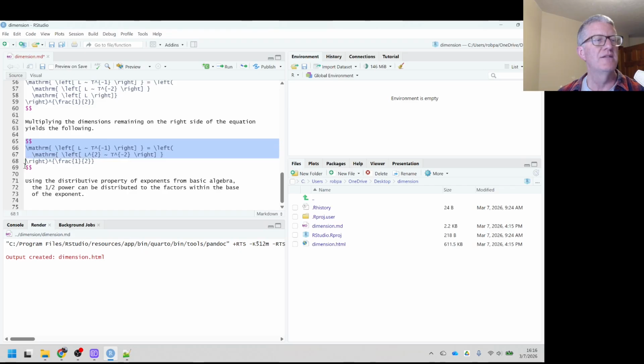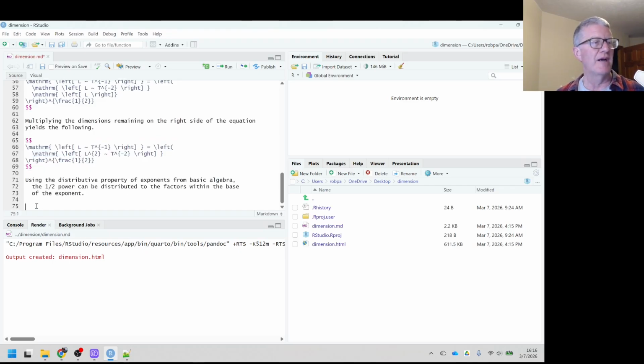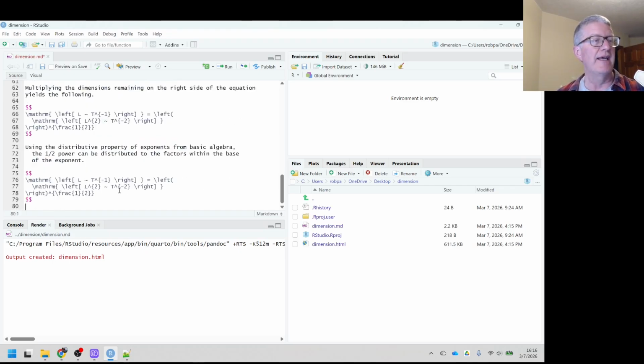So that means, again, I'm taking my original math, and I'm just going to edit it to do the simplification. We are actually going to be getting rid of this 1/2 power. So I'm going to get rid of the left and the right in the exponent.